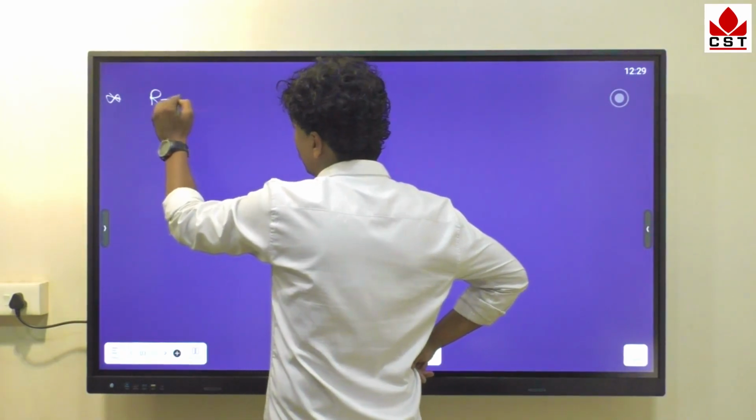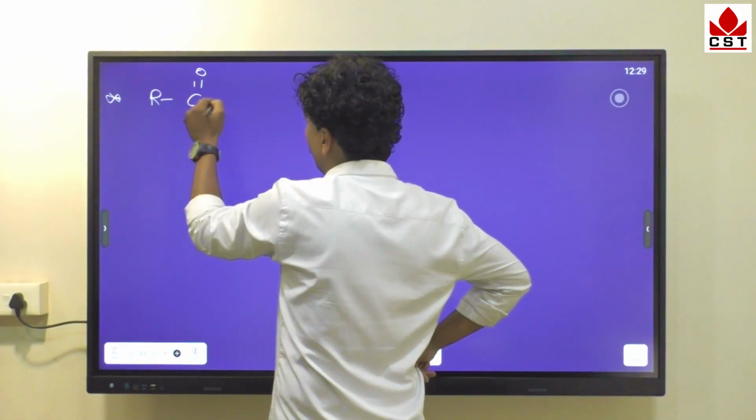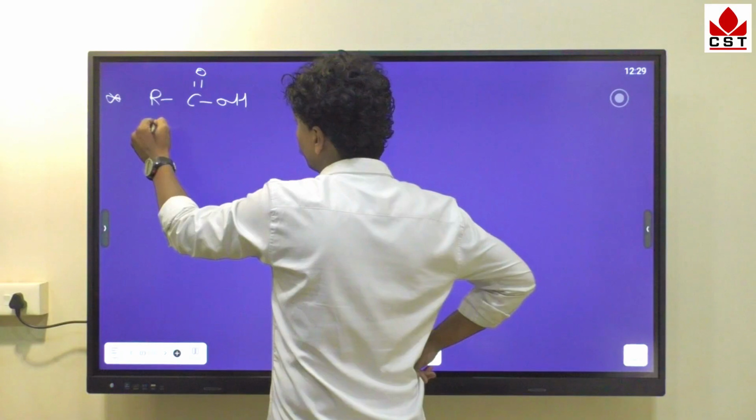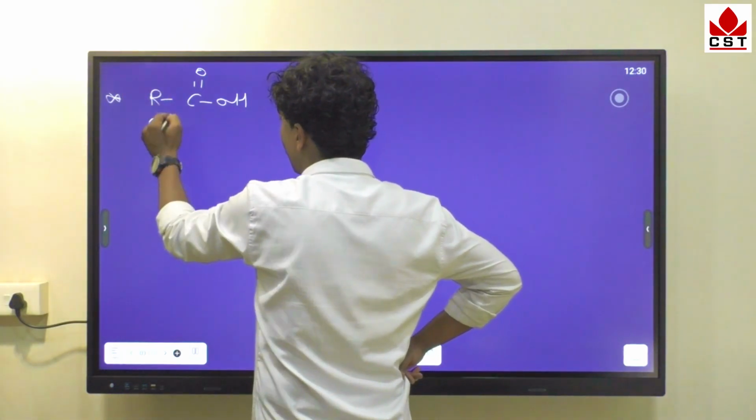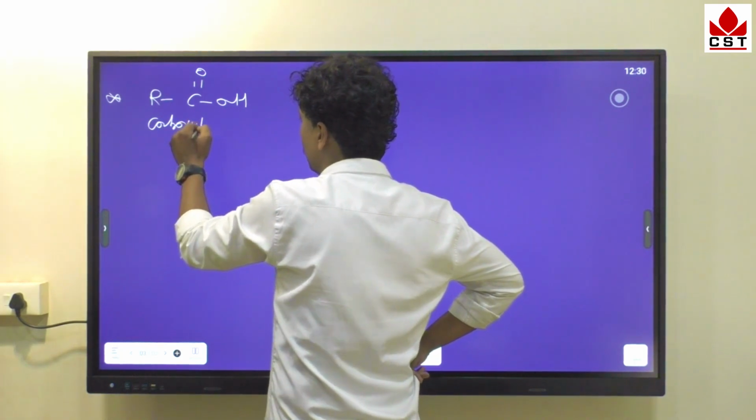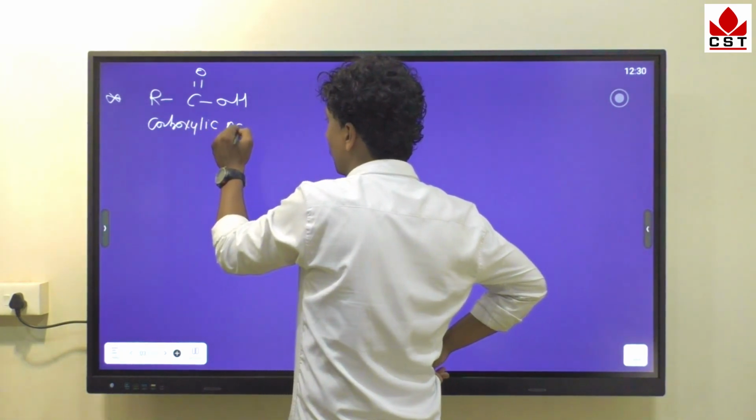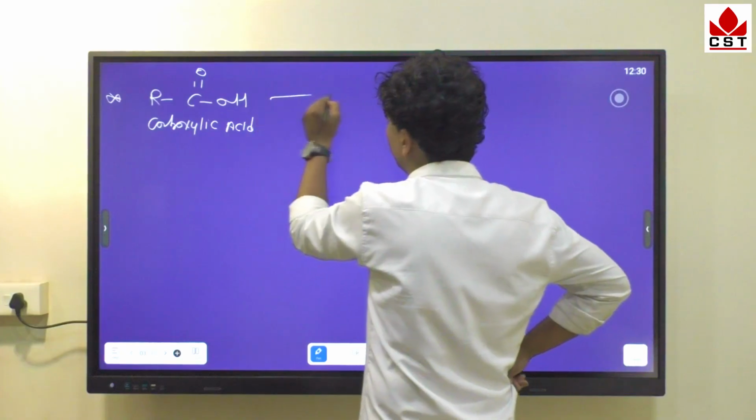In general, the reaction has R–C double bond O bond H. The name of that reactant is carboxylic acid.